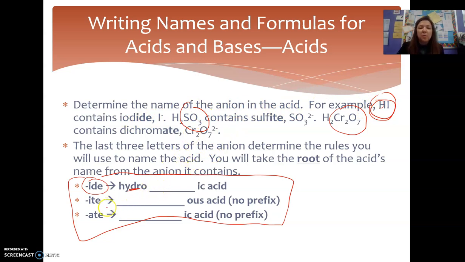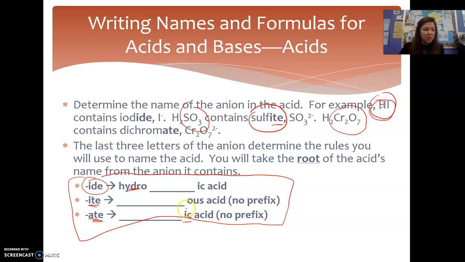If what comes after your hydrogen ends with ITE, like that second example, sulfite, we're not going to use the hydro prefix. We're just going to change the ending to OUS, okay? And this will make more sense in a minute. And last but not least, if your polyatomic after the H ends with ATE, no hydro prefix, and we're going to change the ending to IC.